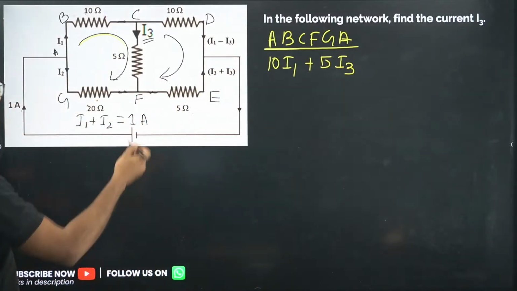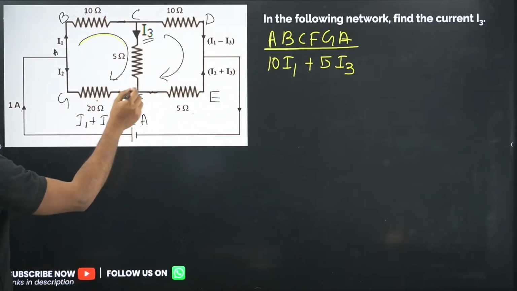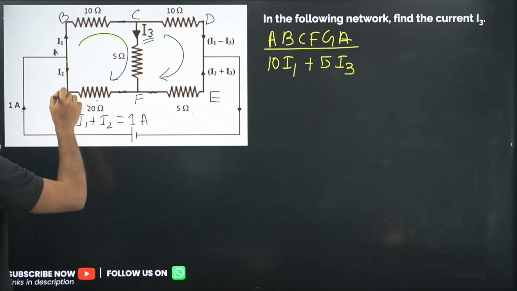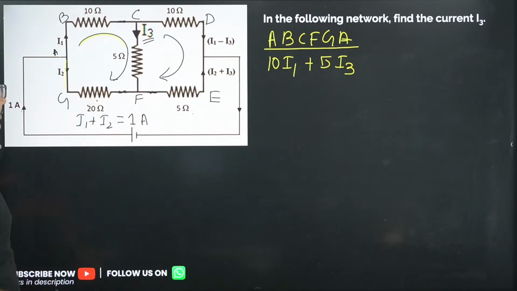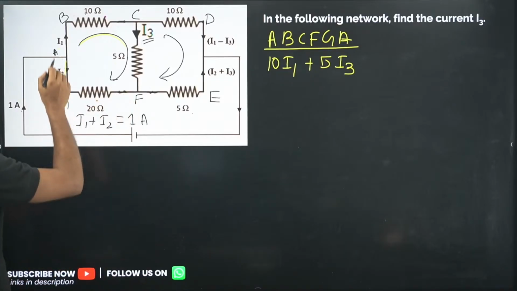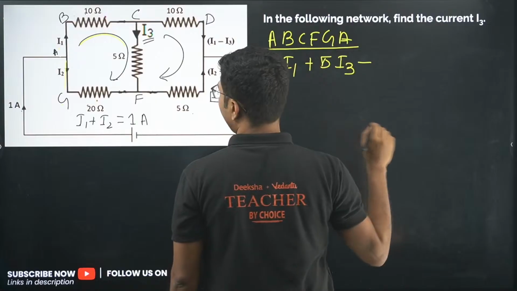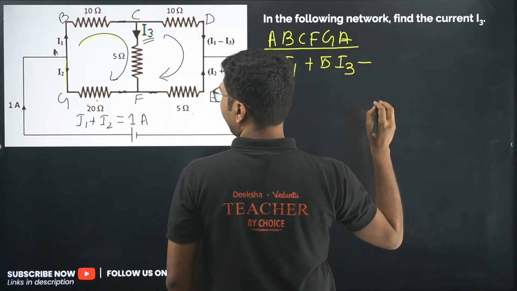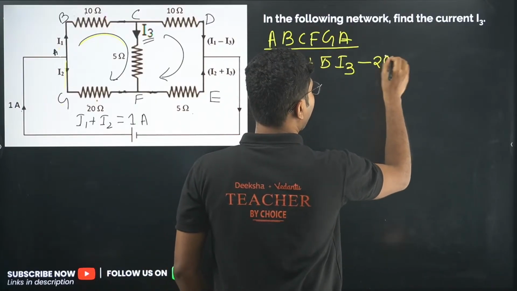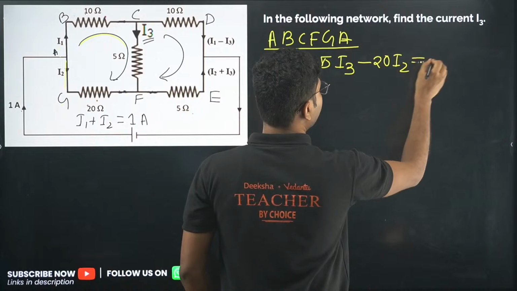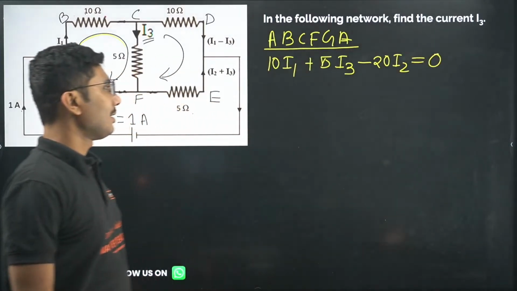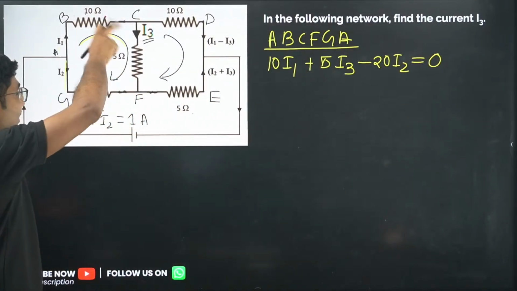For the last part, F, G, A, we are going opposite to the conventional direction of current, so this will be negative: minus 20 I2. This equals 0, as no batteries are there in this loop.